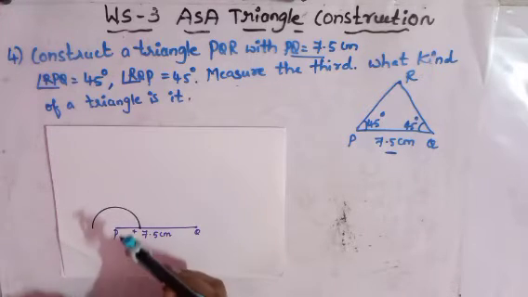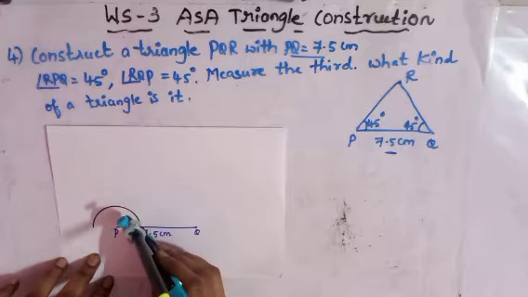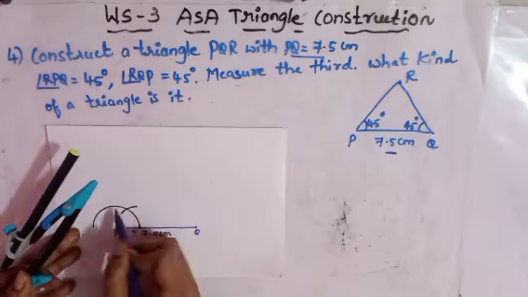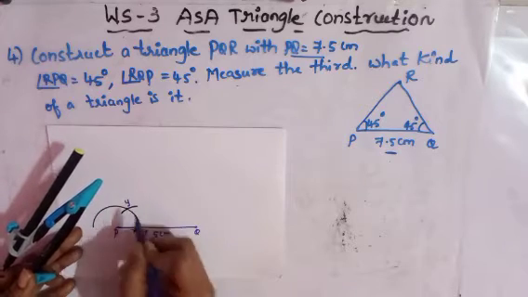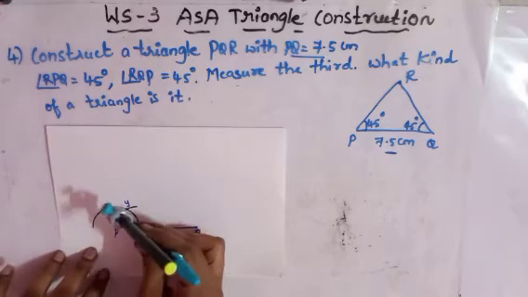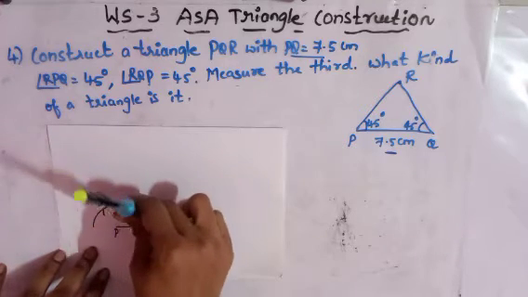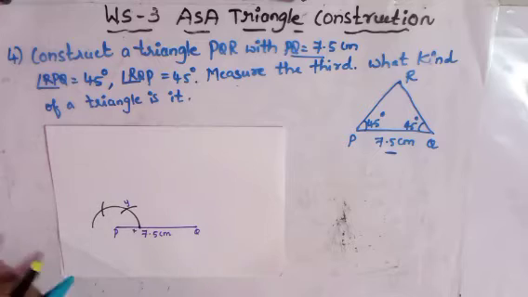Place the compass at X. With the same radius draw an arc and name this point Y. Next, place the compass at Y and draw one more arc with the same radius. Don't change the radius.